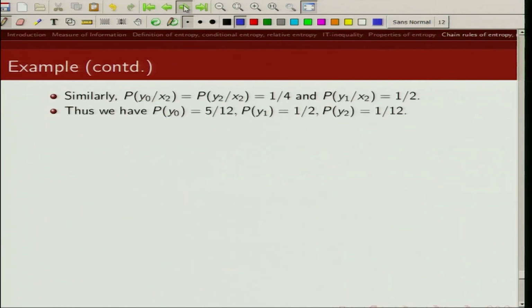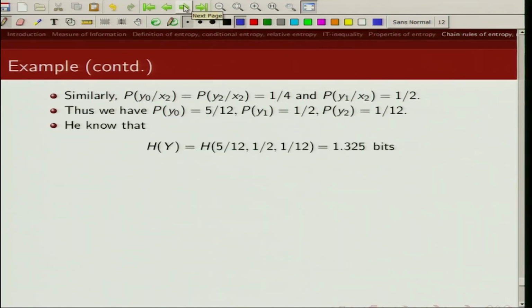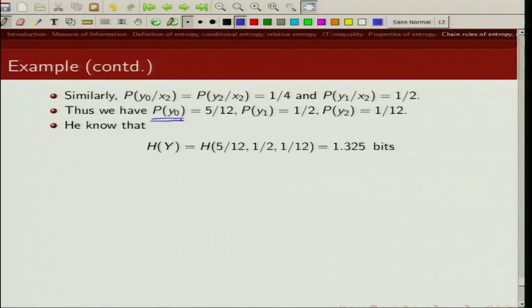Okay. So now that we know the probability of getting x1 and the probability of getting yi given xi, we can find out the probability of getting y0, y1 and y2. What is the probability of getting y0? That is the probability of x1 into the probability of y0 given x1, plus the probability of y0 given x2 into the probability of x2. Similarly, we can compute p of y1 and p of y2.